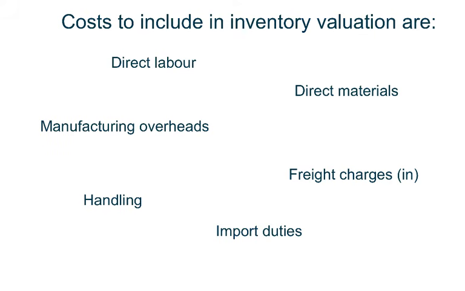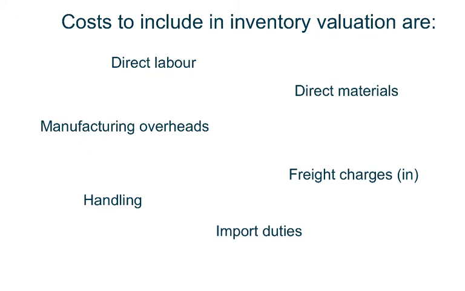Now, what can we include? We can include direct labor, direct material, manufacturing overheads. You will remember manufacturing overheads were your indirect labor and indirect materials. All right, manufacturing overheads, then you can include your handling charges.